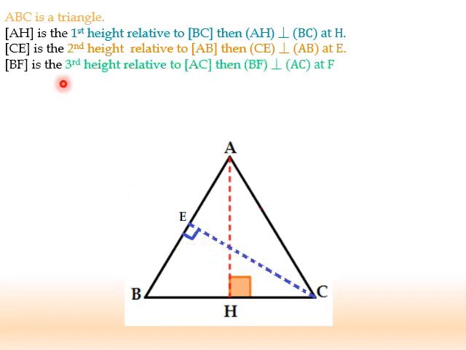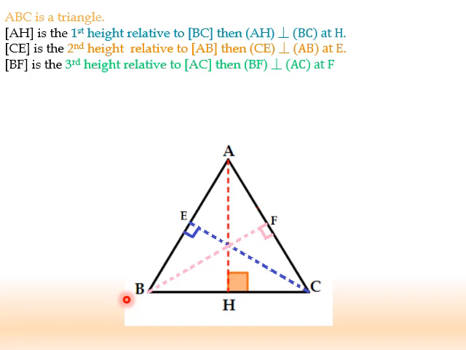Now, the third height is BF. It's issued from vertex B, perpendicular to the opposite side, which is AC. So, BF is perpendicular to AC at point F. Here we draw three heights inside a triangle.